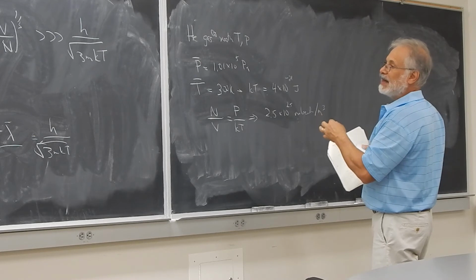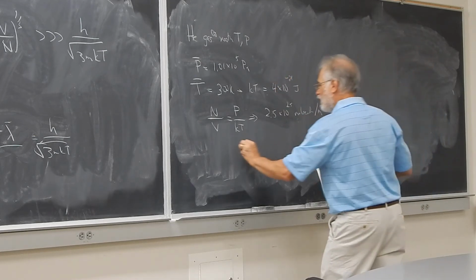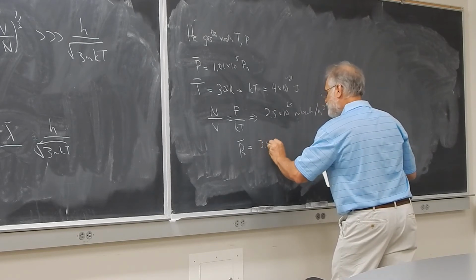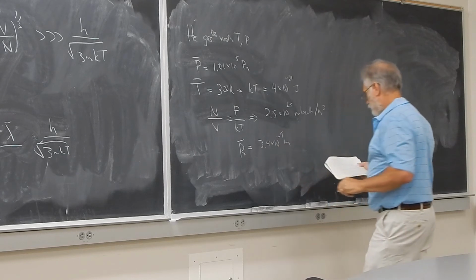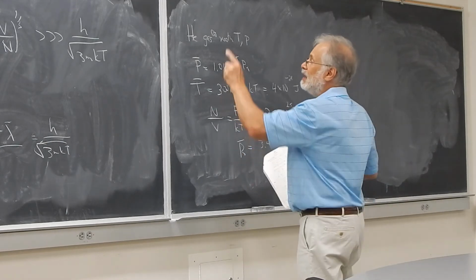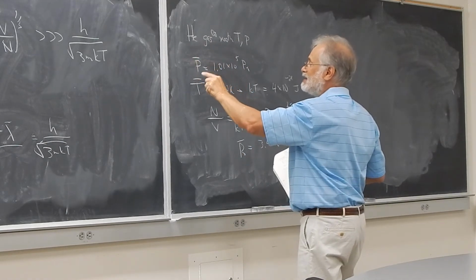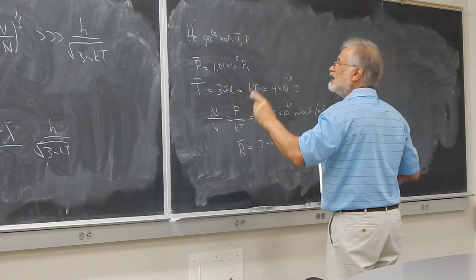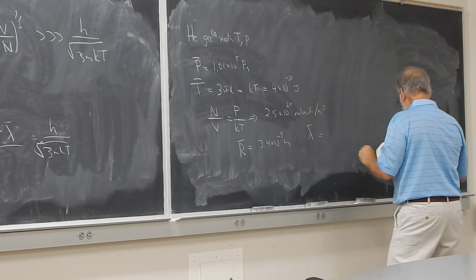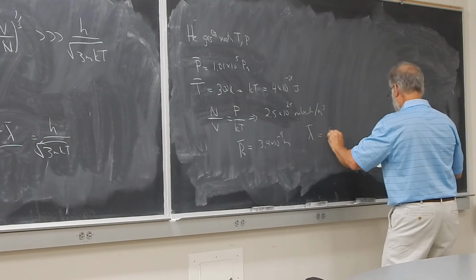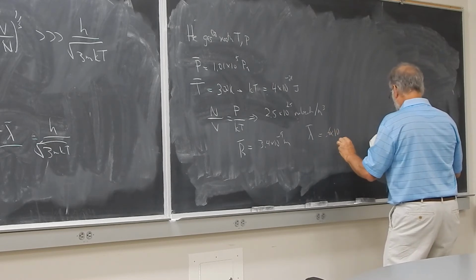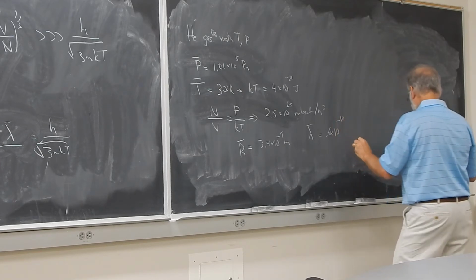And if I were to plug that in to get R bar, it would just be equal to 3.4 times 10 to the minus 9 meters. By the same token, if I take h divided by the square root of 3mkT to find the de Broglie wavelength, I'm going to find a de Broglie wavelength on the order of 0.6 times 10 to the minus 10 meters.